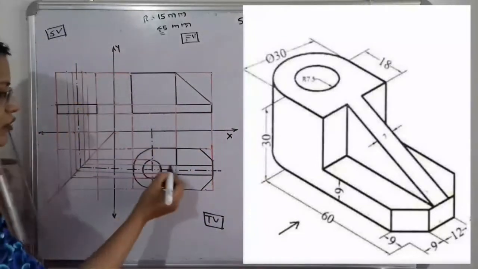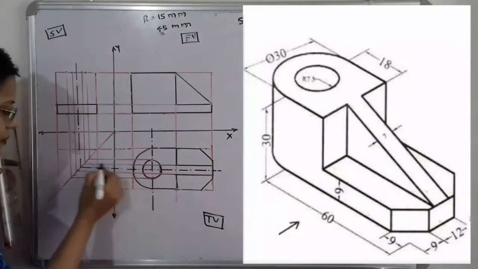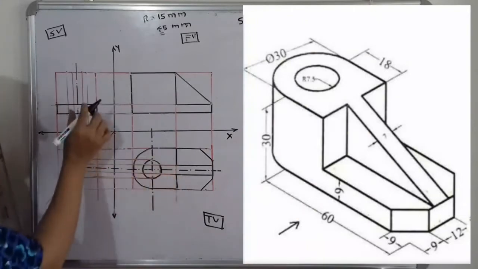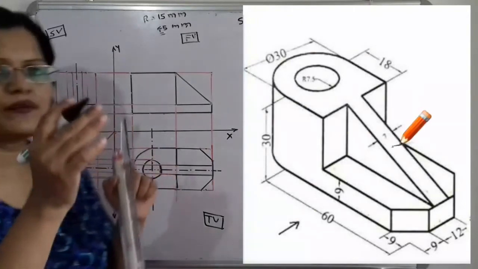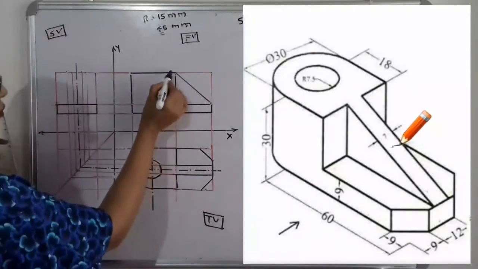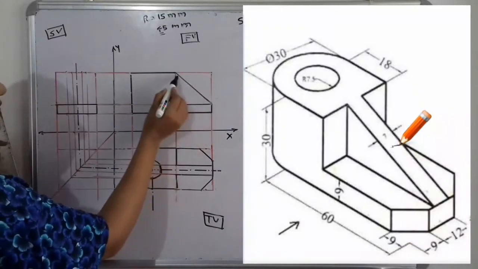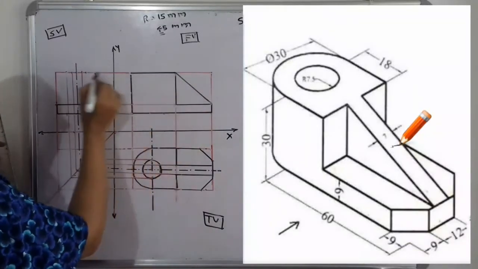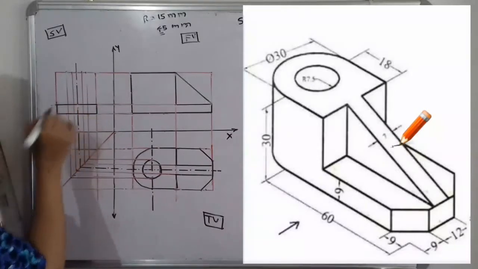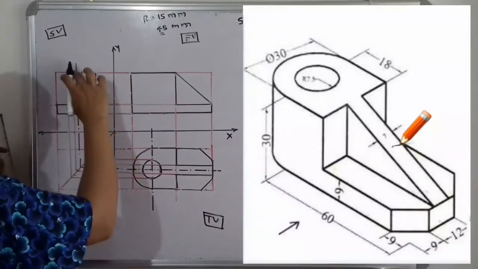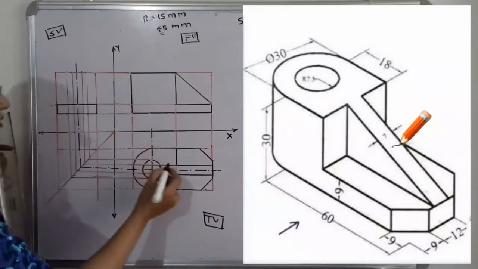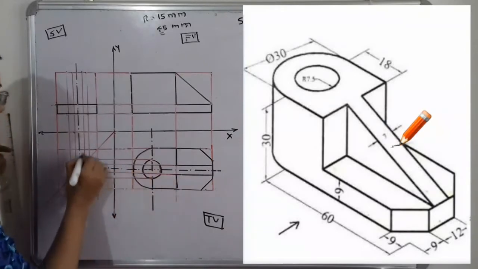So here the width of that rib is getting projected from the top view, and the start point and end points of that slope are here, that is getting projected from this front view. So here is the start point and here is the end point, and along this height what is the width? So if we observe here, this is the width.